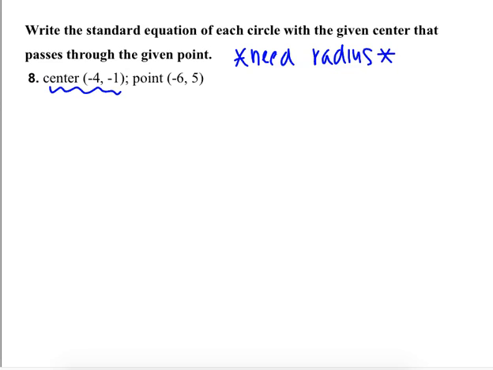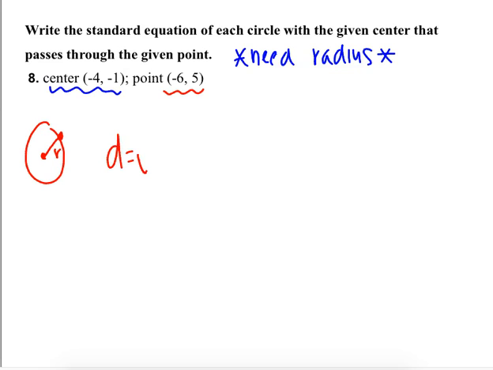So I hope you're thinking, how am I going to find my radius? Well, when you're given 2 points, you should use the distance formula. So here's my center, and I'm given some random point on my circle. If I find the distance between my center and some random point, that will give me my radius. All right, so here we go.